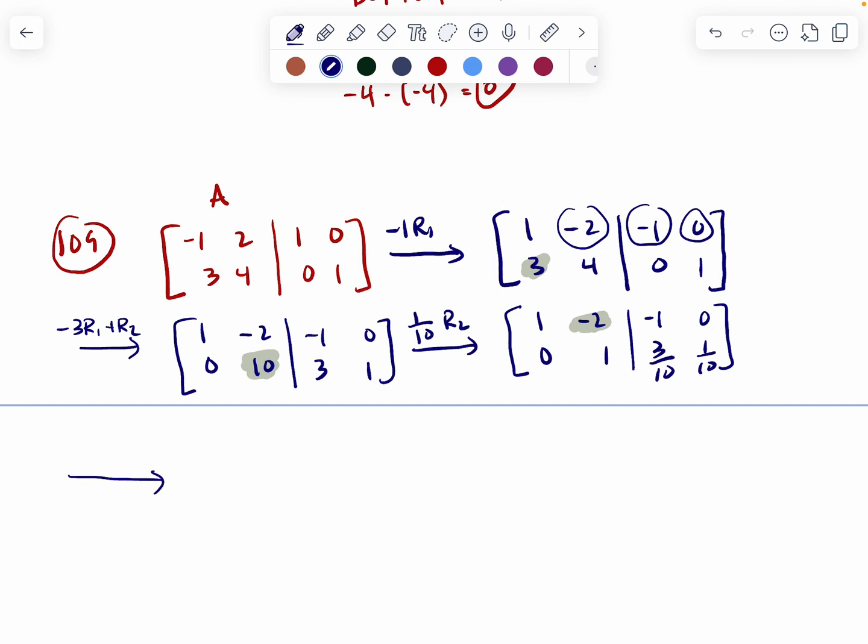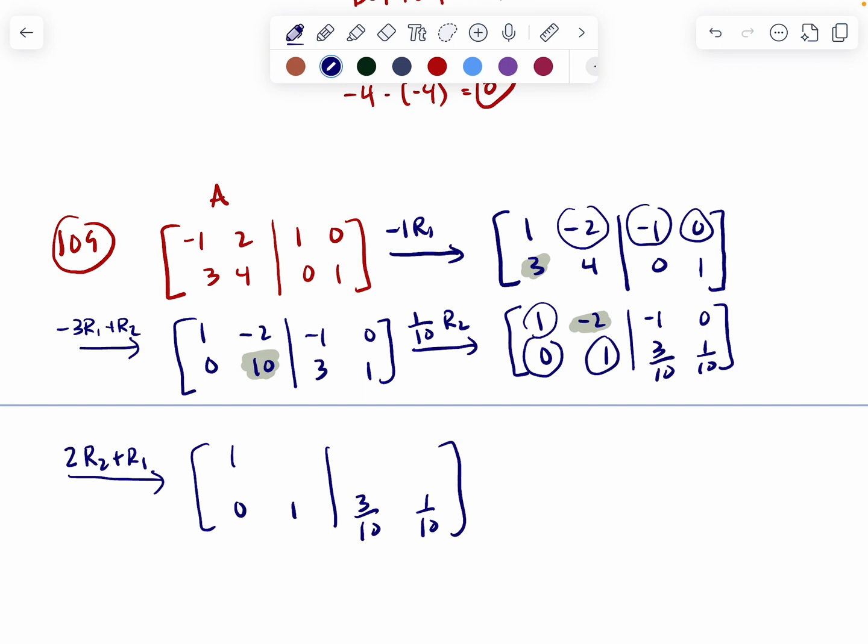I'm going to do 2 times row 2 plus row 1. Look, row 2 is completely set. So 2 times 0 is 0, 0 plus 1 is 1. 2 times 1 is 2, 2 minus 2 is 0. And then I have 2 times 3/10 is 6/10 minus 1.